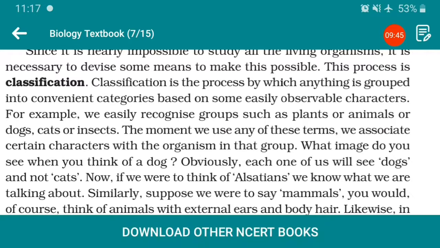We can take examples: classification of microorganisms, classification of plants, classification of animals, classification of insects. In that way we easily recognize and identify them by grouping them into subgroups.